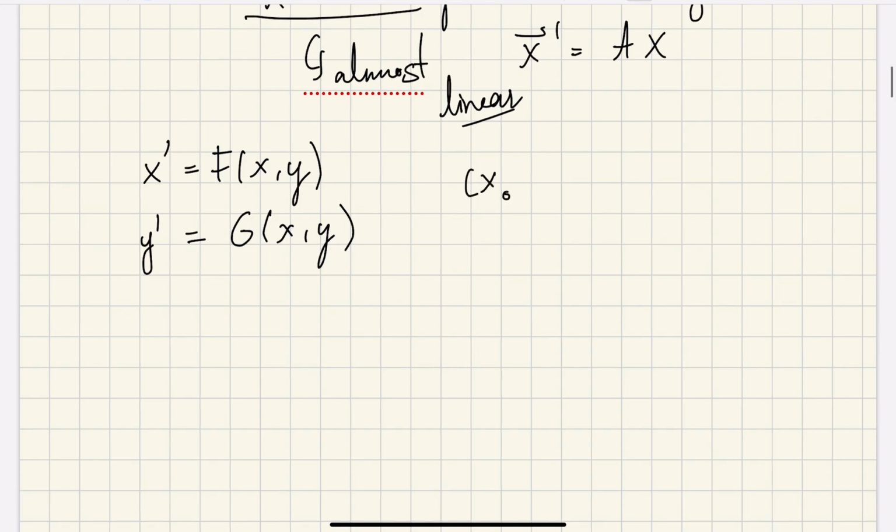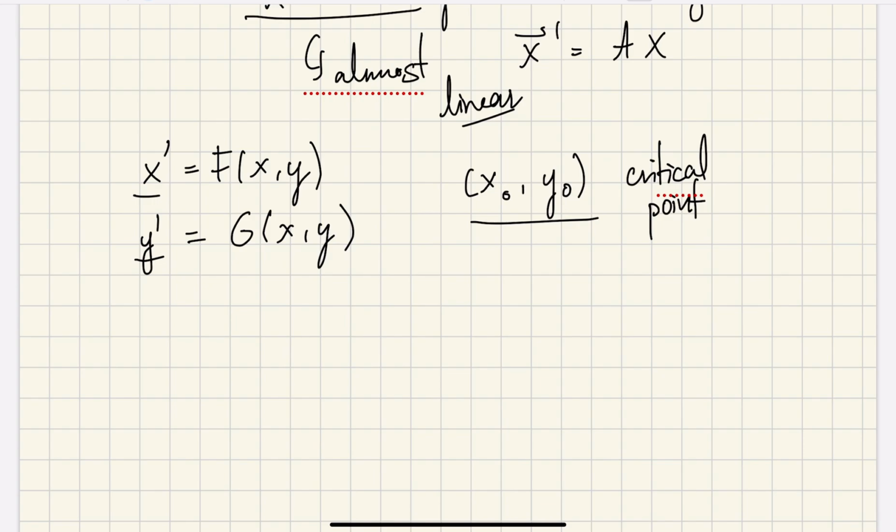And let x0 and y0 be a critical point. Remember, these two are describing the behaviors of two competing species. This system is almost linear in the neighborhood of this critical point.